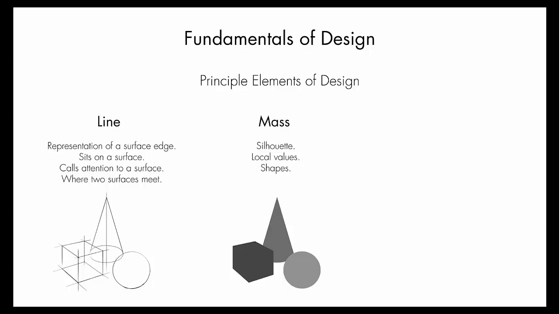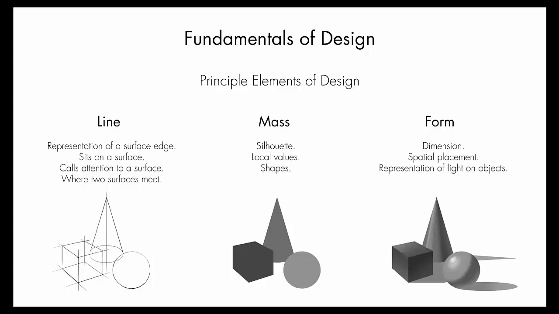And our next one is form. And our form is going to be our dimension, our spatial placement, and the representation of light on our objects. So this is really going to carve out the volumes of our objects. This is what that might look like. So placing a light in our scene, we see the effect of that light on our objects.